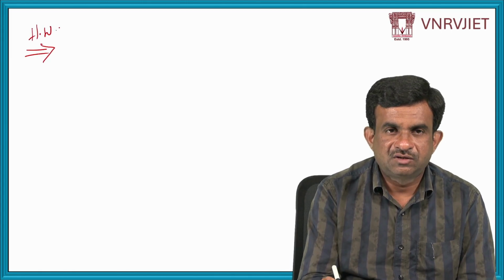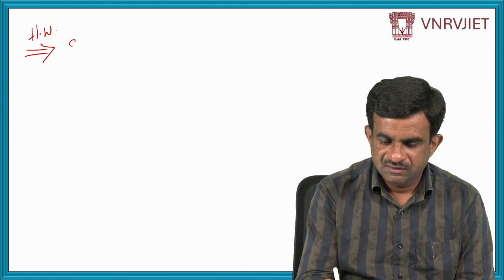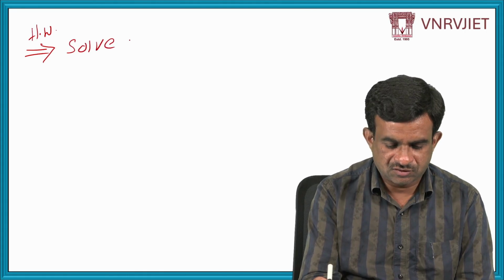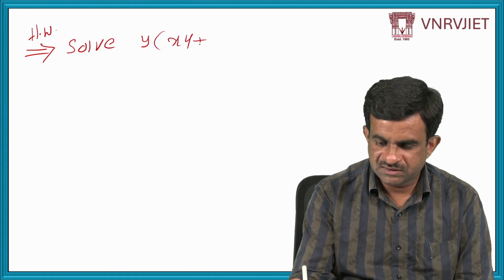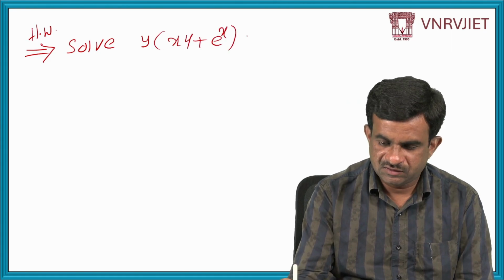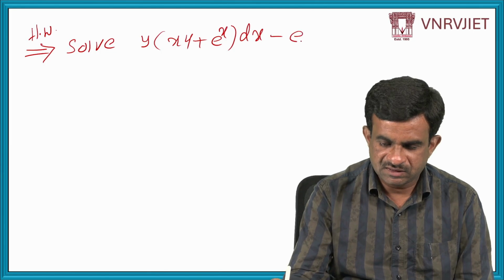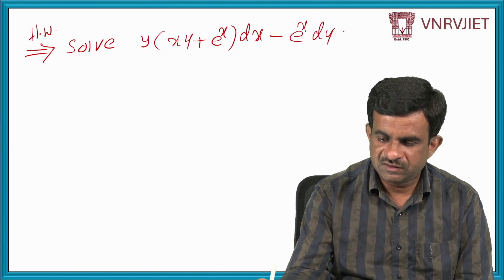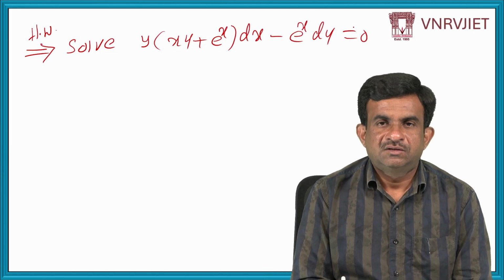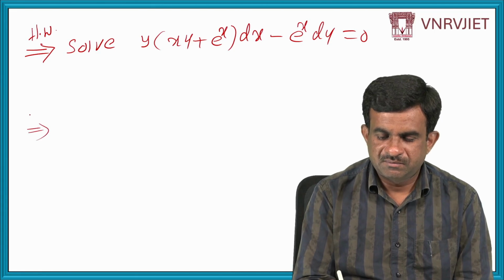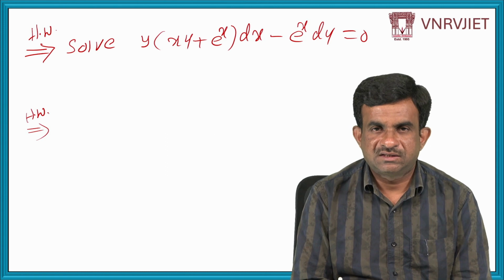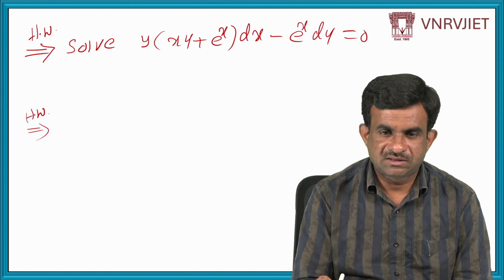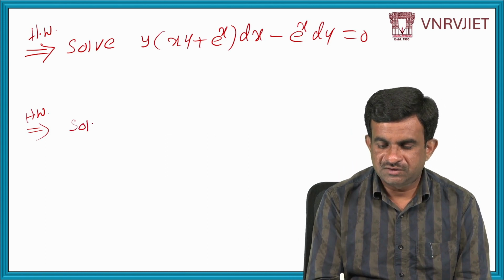So you can note down the homework problems here. The first one is: solve the differential equation y into (xy plus e power x) dx minus e power x into dy equal to 0. This is one problem. Based on that difference and that expression, you have to decide whether method 3 or method 4 is applicable.